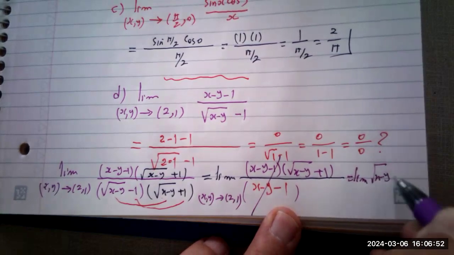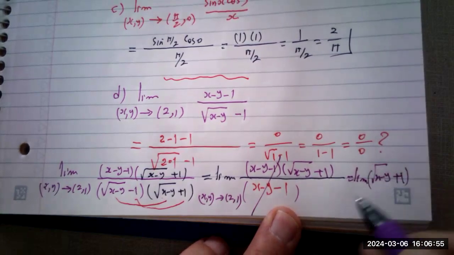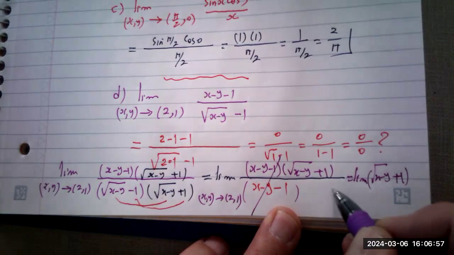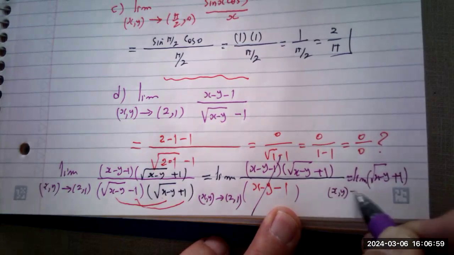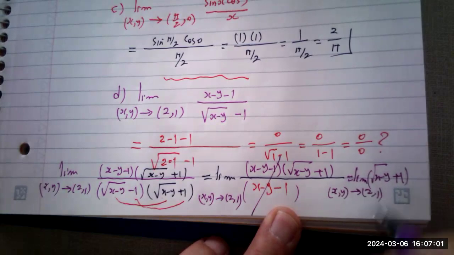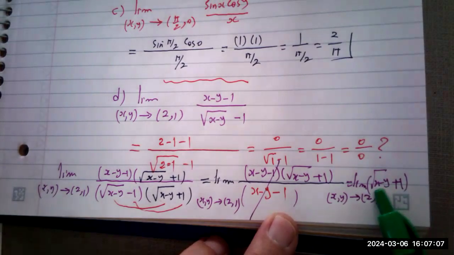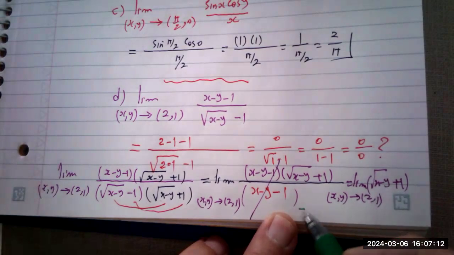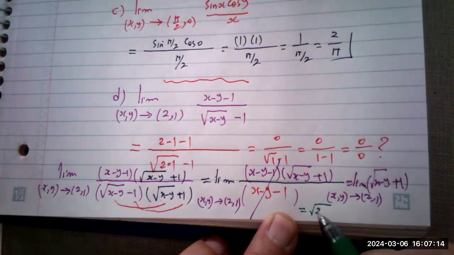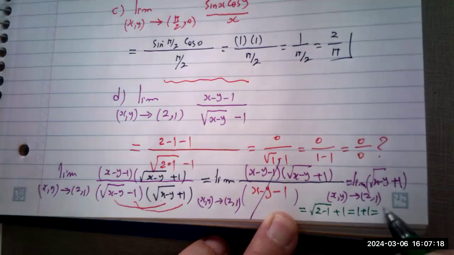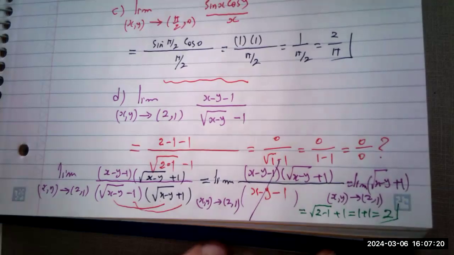Substituting, 2 minus 1 is radical 1, so it's 1 plus 1, which is equal to 2.